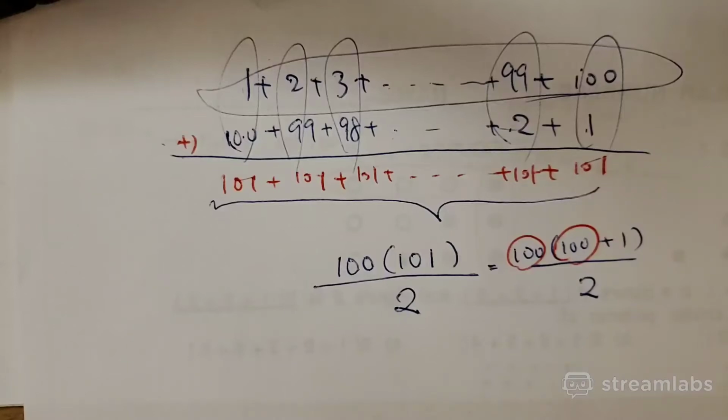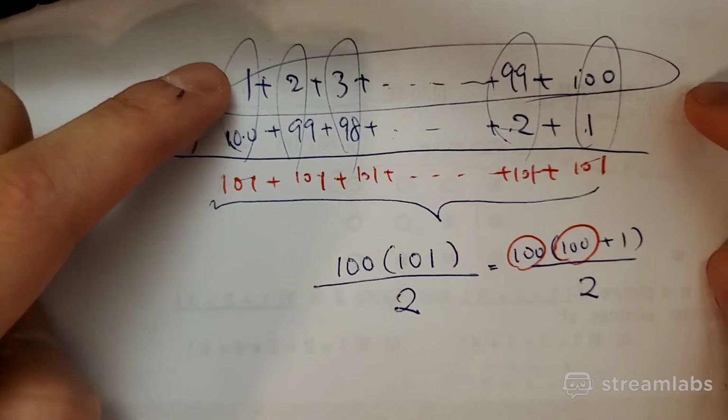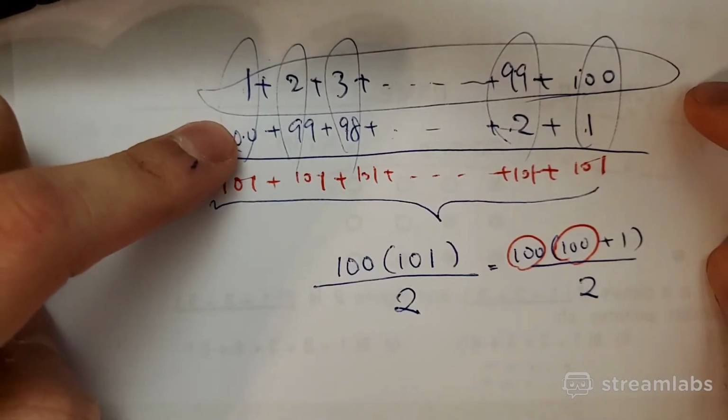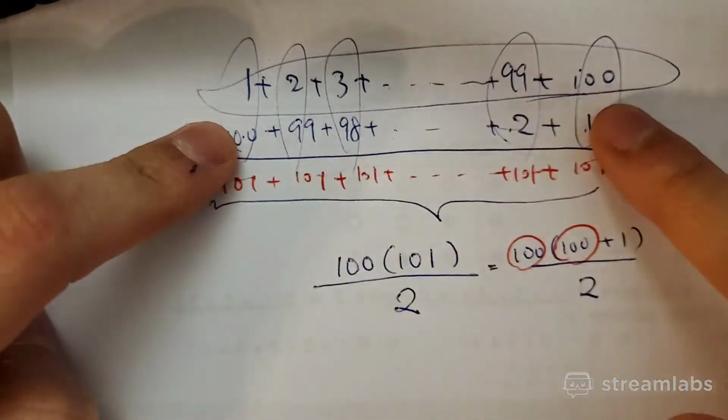So this is in number terms, without the triangle. Or this is a triangle but with numbers. Is this making more sense? So in other words, if you're in this kind of motion triangle, you add the first and last times number of terms, divide by 2.